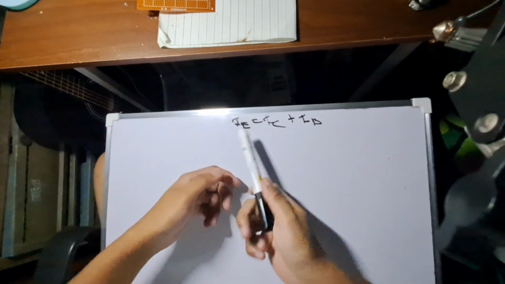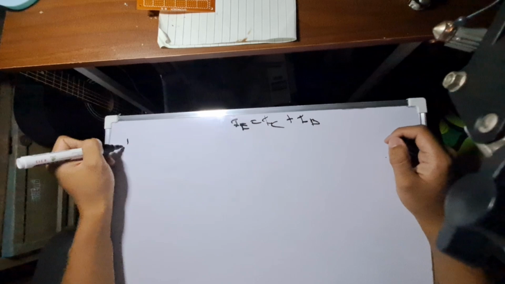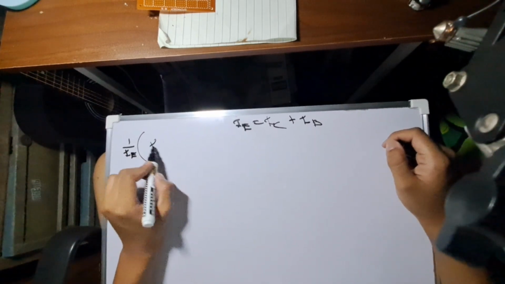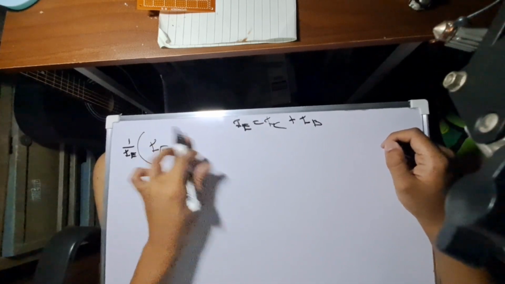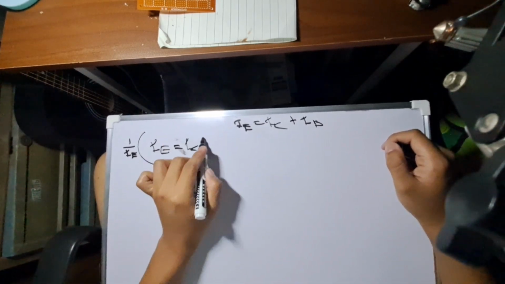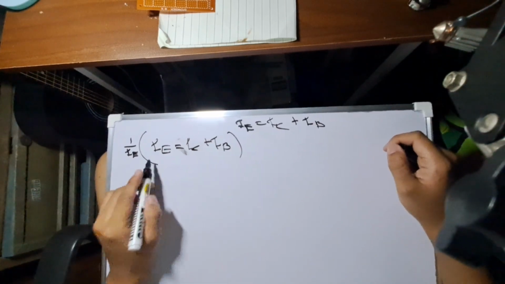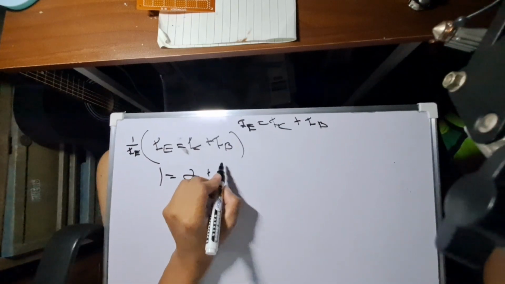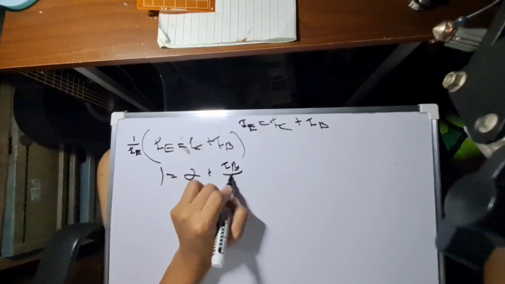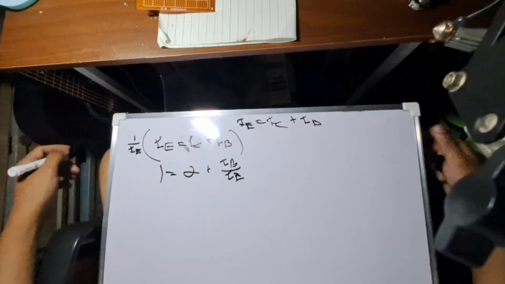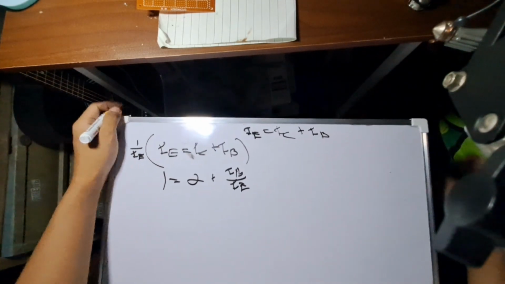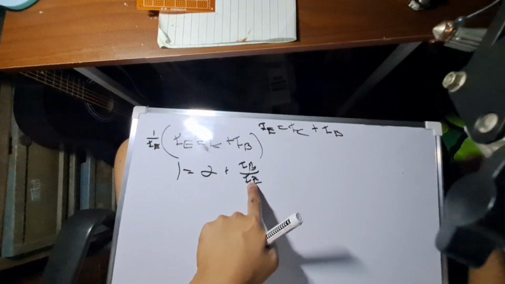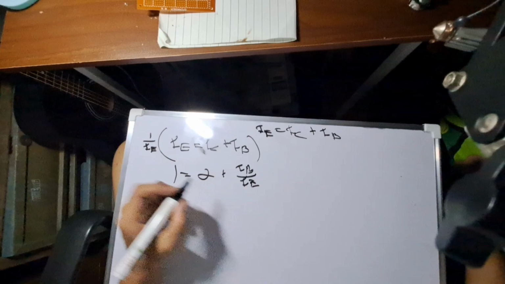Let's multiply by 1 over IE. IC over IE plus IB over IE, and IE over IE is 1. And let's know IC over IE is equals to alpha plus IB over IE. So, lipat natin si alpha and mag-multiply tayo ng IE para ma-eliminate siya in the denominator.